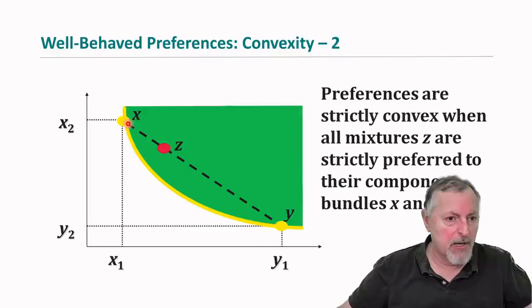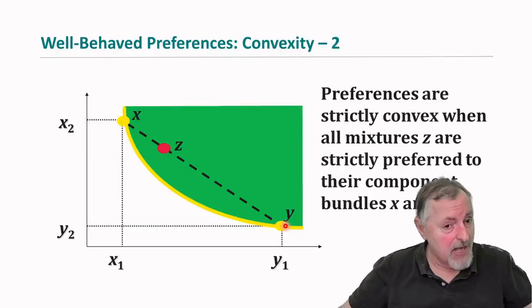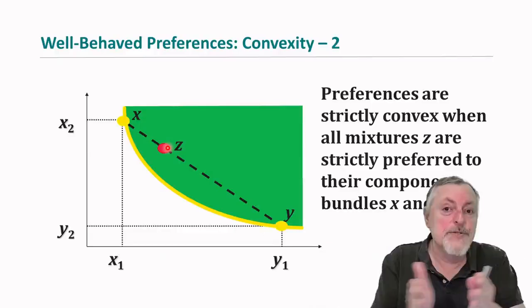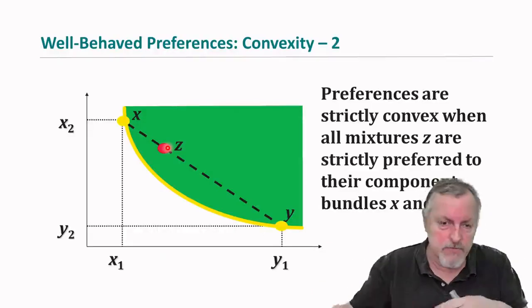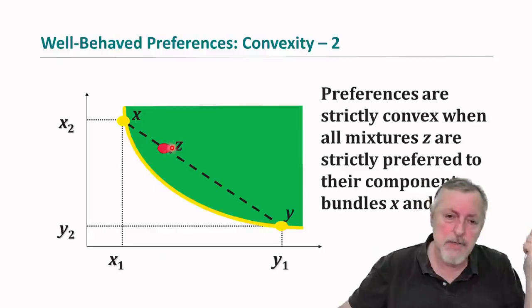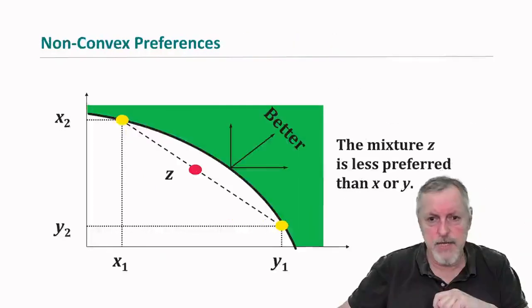This bundle is a lot of steak and a little potatoes. This one's a lot of potatoes and a little steak. This one is an intermediate case. You have more equal amounts of the two. Would make you happier. Convex preference for steak and potatoes.